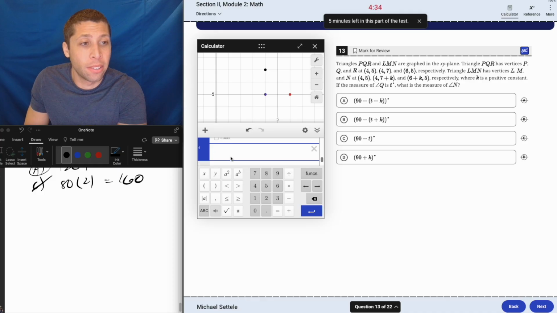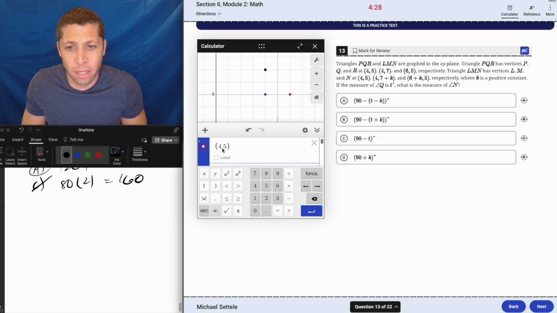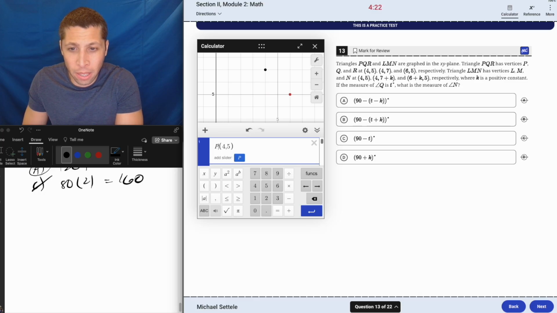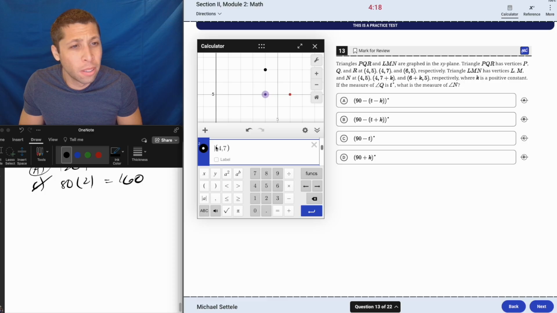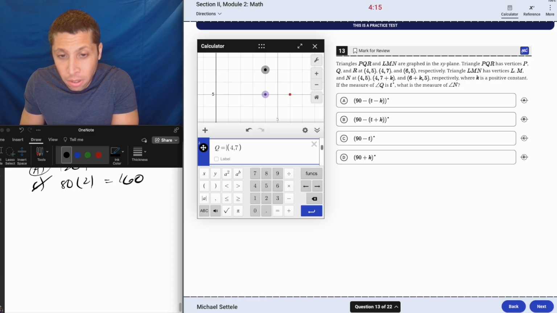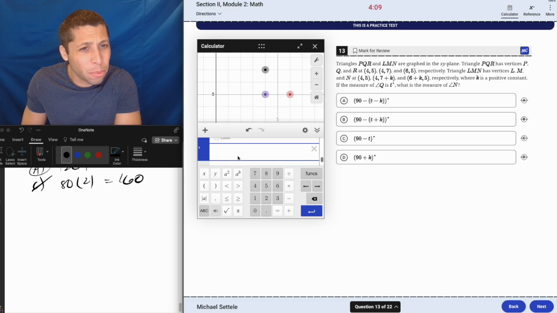LMN has vertices 4, 5. So this is P. This is Q. This is R. Okay, what else are we doing?